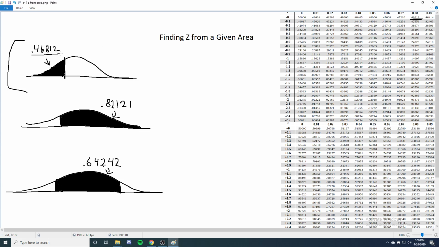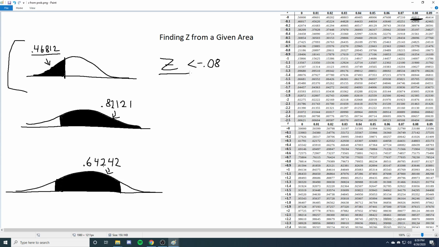Since the area is to the left, we can just take the z-value straight from this table. So we have negative 0.08.